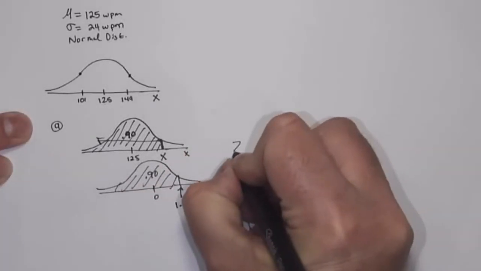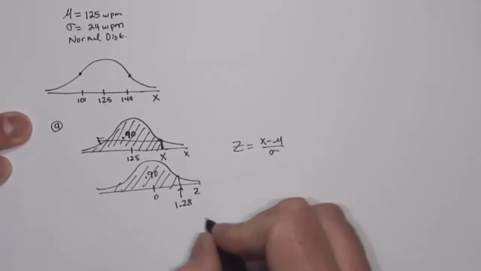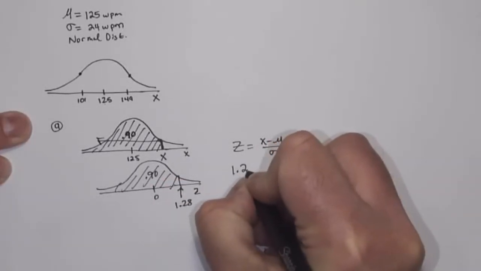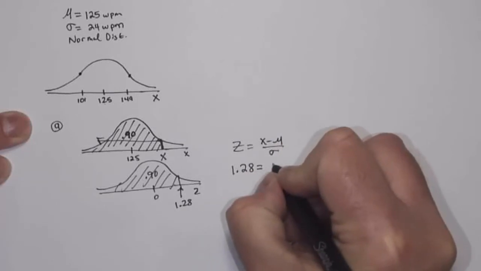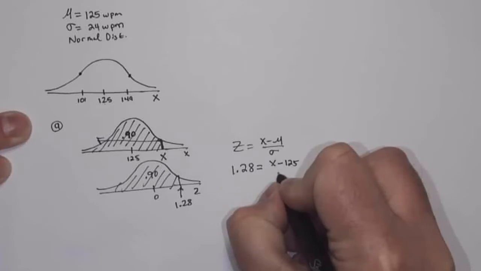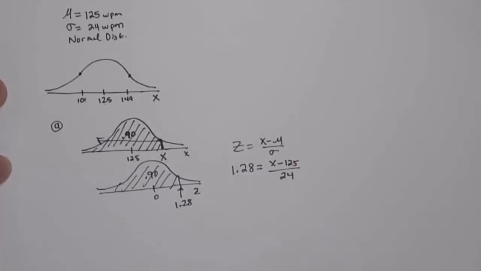Okay? So we know that z equals x minus mu over sigma. And in this case, if the area to the left is 90%, that means our z is 1.28, then 1.28 equals x minus 125 divided by 24. So if I solve this equation for x, then that will tell me what the reading speed is of the child who's in the 90th percentile.